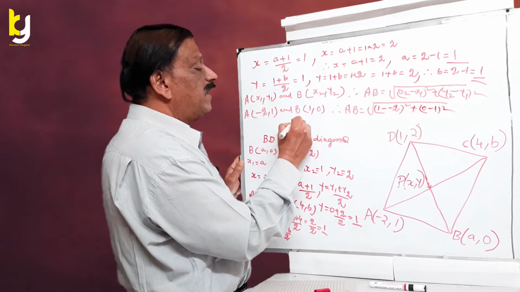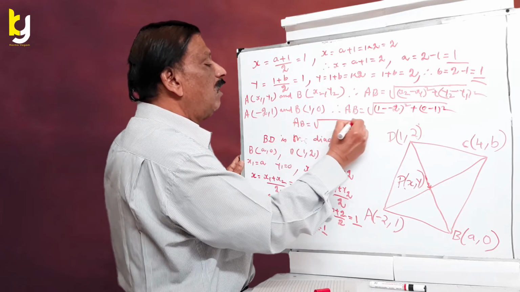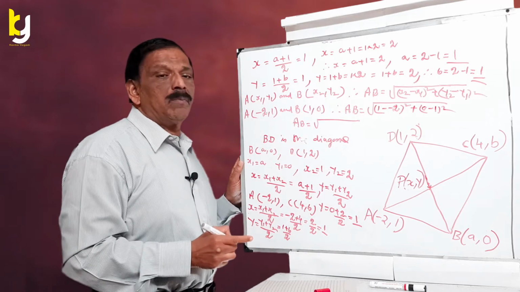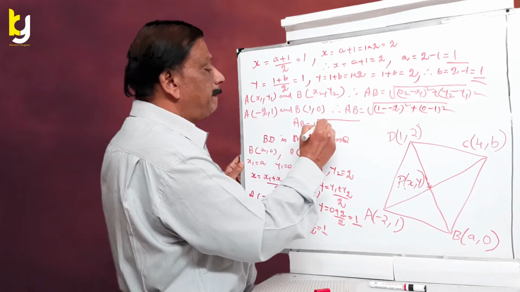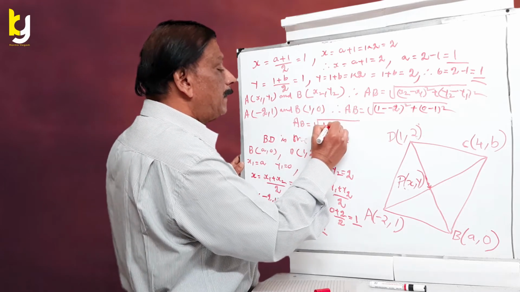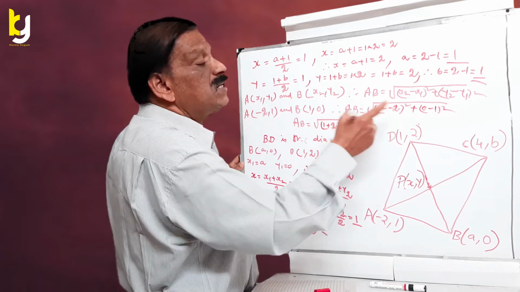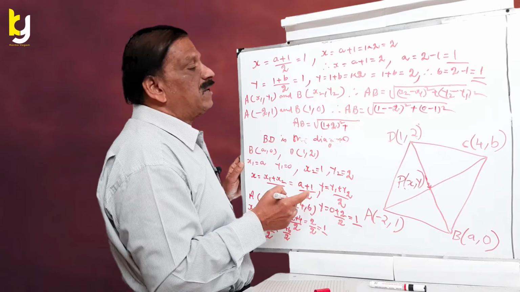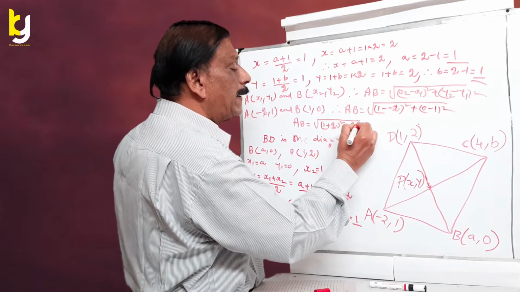That is AB equals root of 1 minus minus 2. Minus into minus is plus. So 1 plus 2 whole square plus 0 minus 1, that is minus 1, minus 1 whole square, that is 1 square.